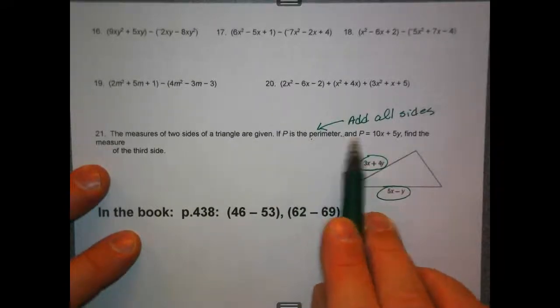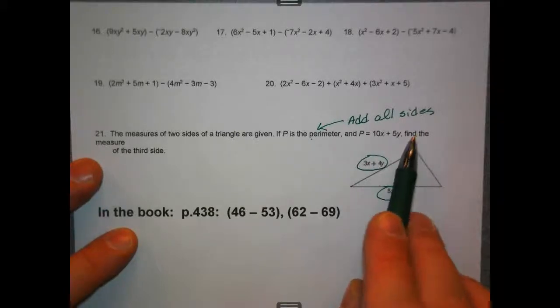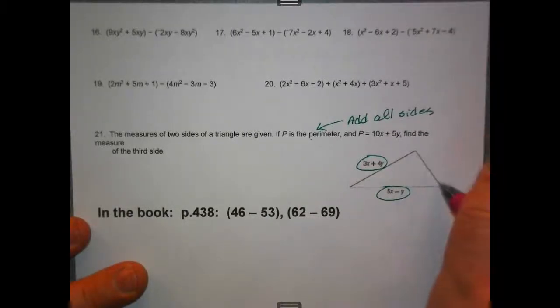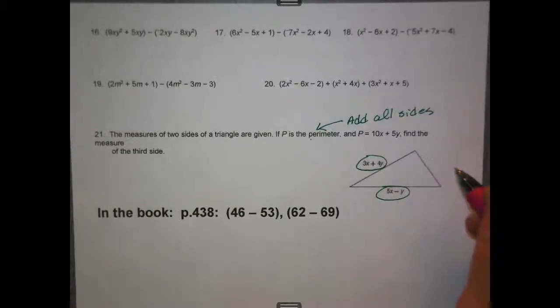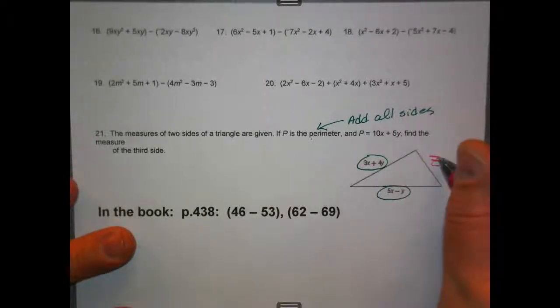If P is the perimeter and P equals 10x plus 5y, find the measure of the third side. So we have to find the measure of this side. What do you want to call it? I can't use x because they've got x here. Z, you want to call it Z? Okay, so we'll call the third side Z.